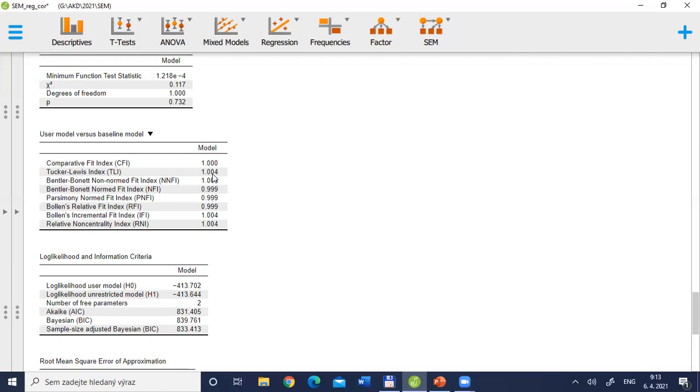So the values of CFI and TLI above 0.9 are taken as benchmarks of the quality of the model. The values should be at least 0.9. This is a very simple recommendation we can take in this first step. So here, as you can see, CFI is 1, TLI is even slightly above 1, so it seems quite good for this first insight into the evaluation.